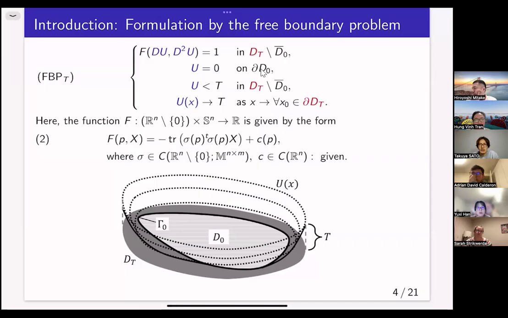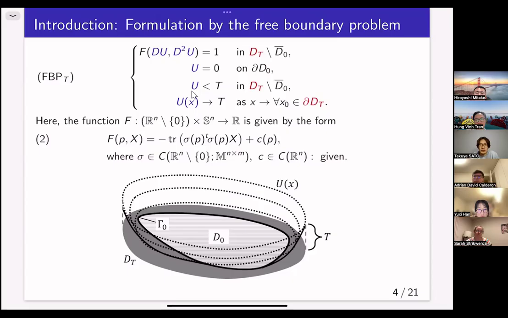And here this D0 is a given domain, and its boundary corresponds to the given initial surface for the surface evolution equation. And here this T is also a given parameter. And this T means an arbitrarily fixed terminal time of the surface evolution.